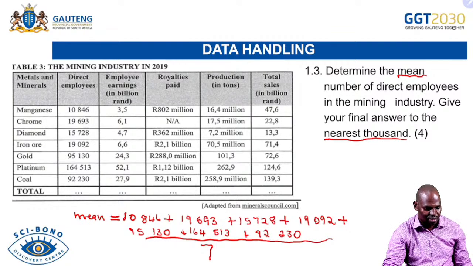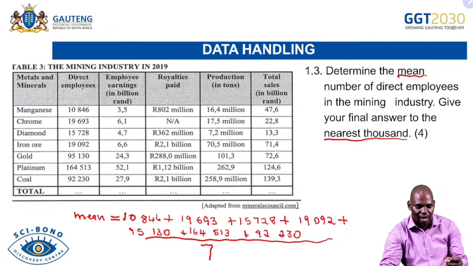So it's 10,846 plus 19,693 plus 15,728 plus 19,092 plus 95,130 plus 164,513 plus 92,230.